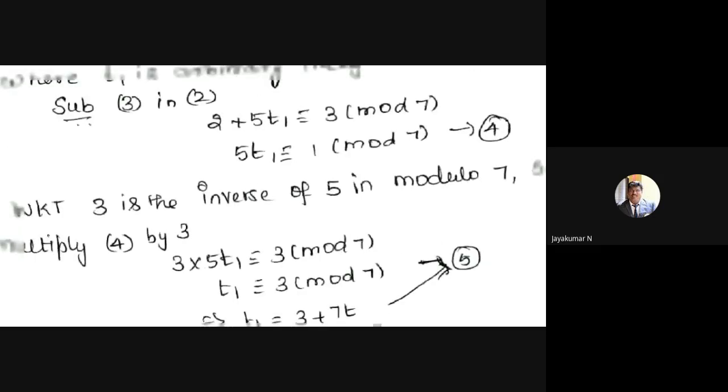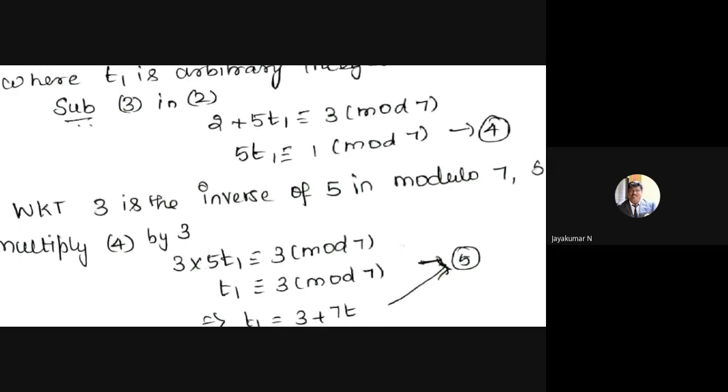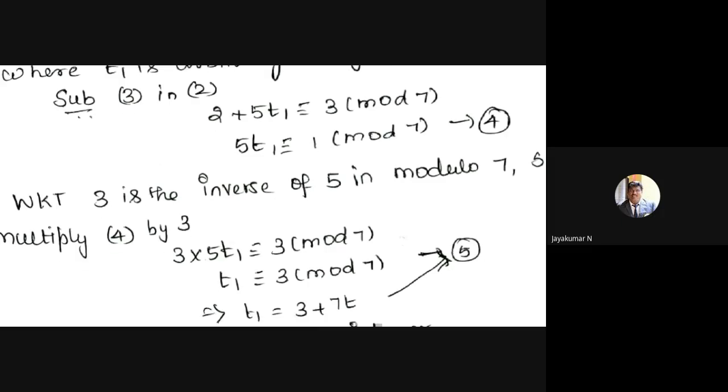Now the inverse of 5 is 3, so 3 will be multiplied throughout the equation. You get 3 into 5, that is 15t1, equal to 1 into 3 mod 7. So t1 is congruent to 3 mod 7.